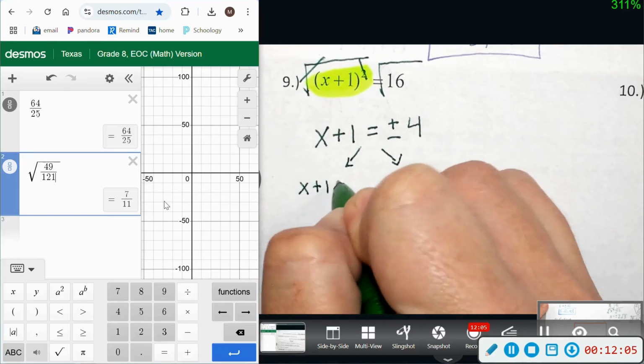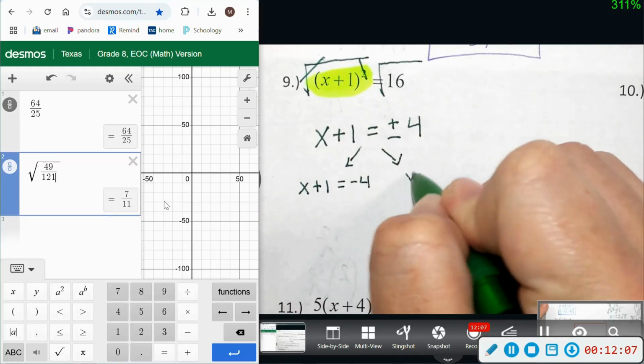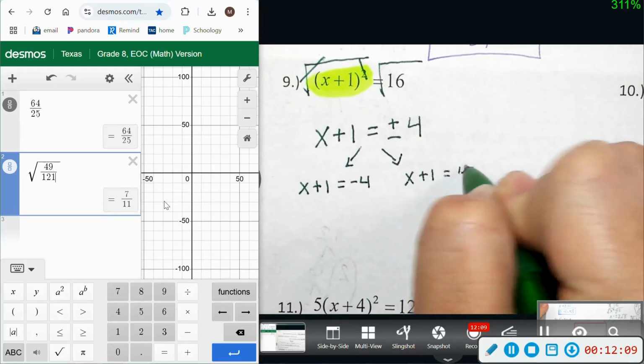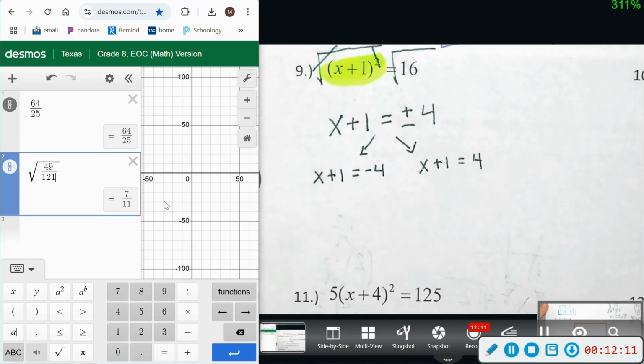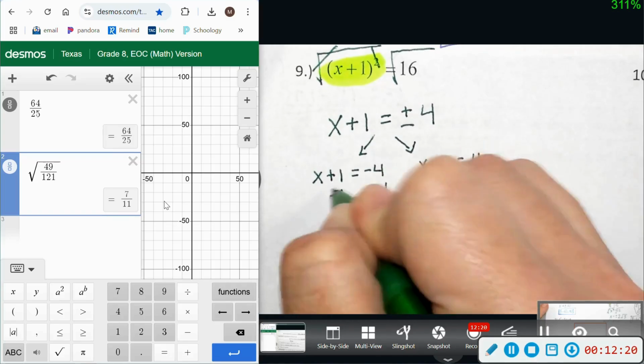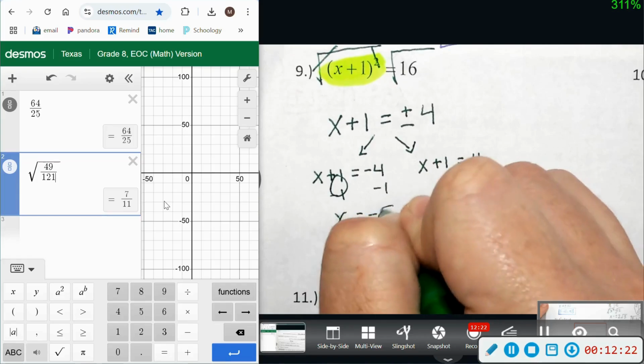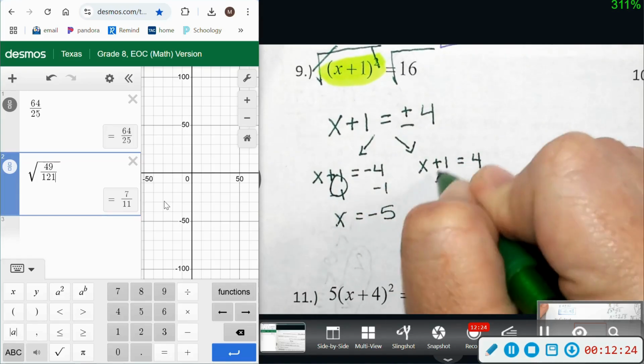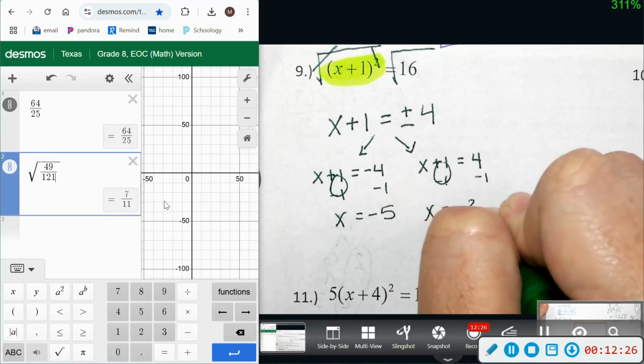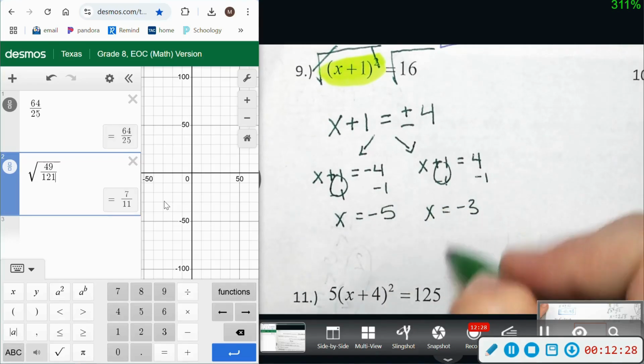So x plus 1 equals negative 4. X plus 1 equals positive 4. Now can I solve for x? Yeah, how do I get rid of a plus 1? Positive 3, sorry.